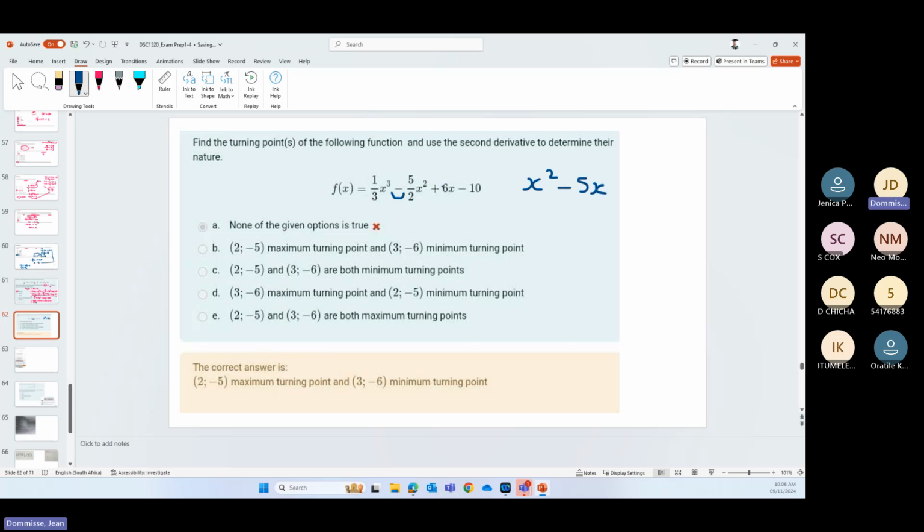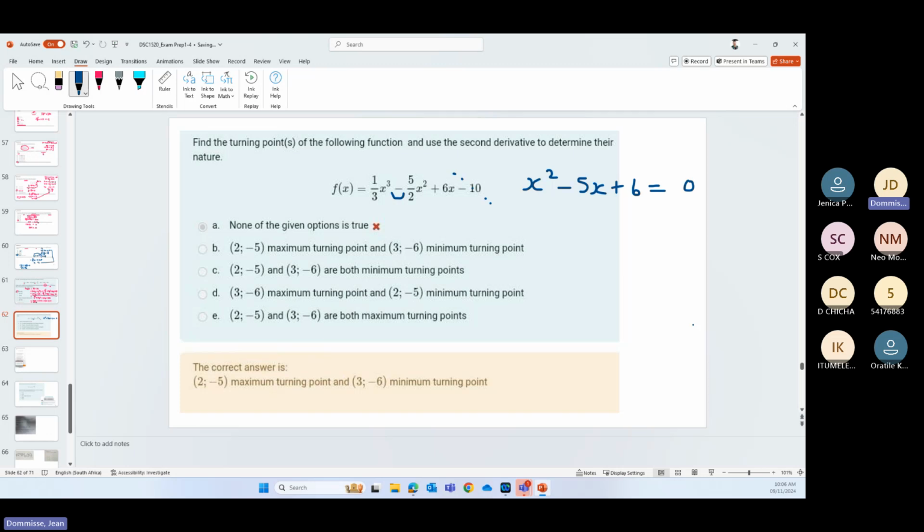And then plus 6, there's a 1, 1 times 6 is 6, and when we differentiate, that constant falls away. So we basically sit with x squared minus 5x plus 6.